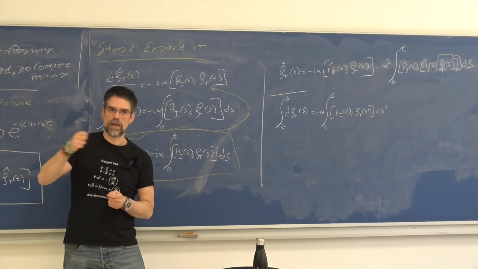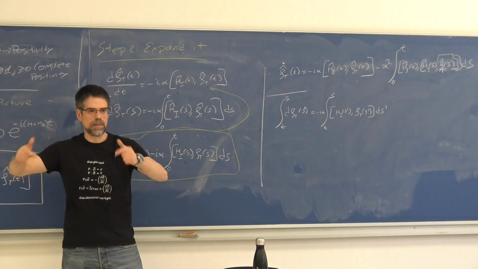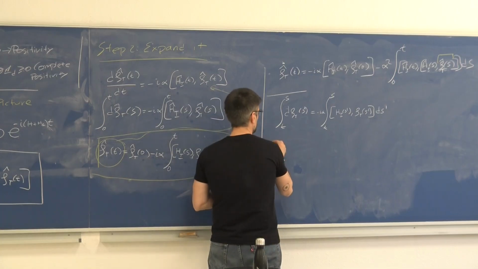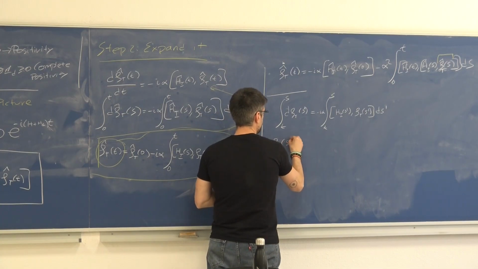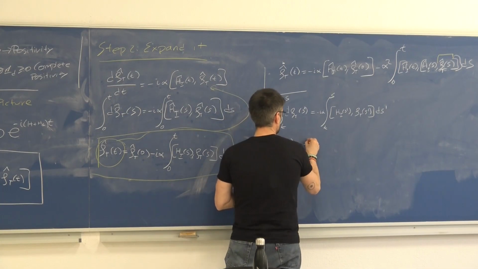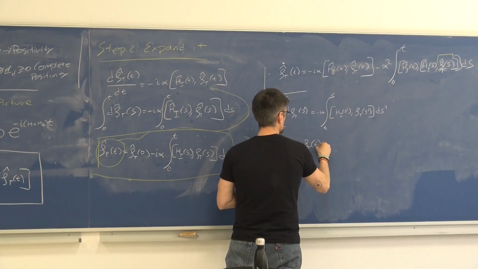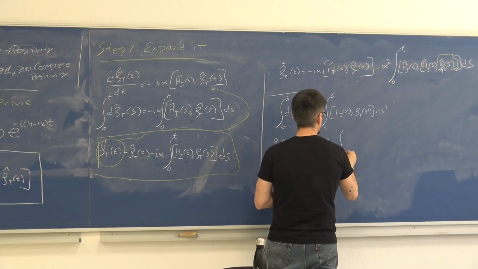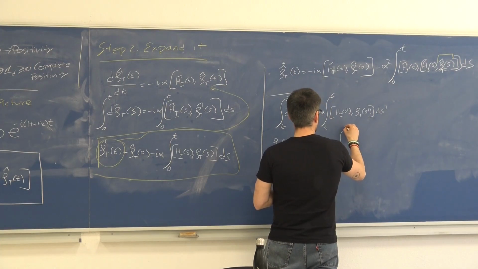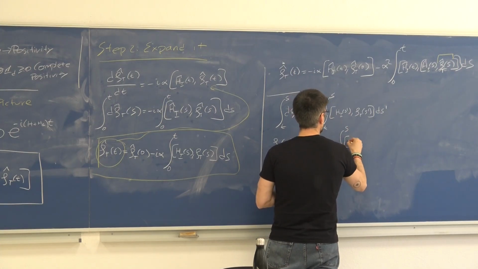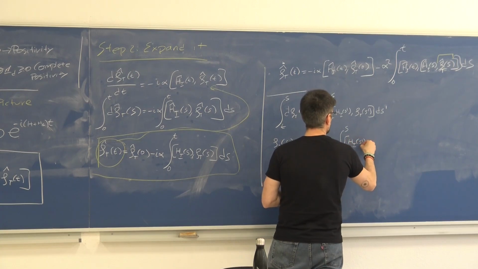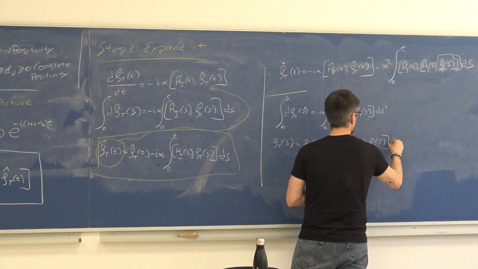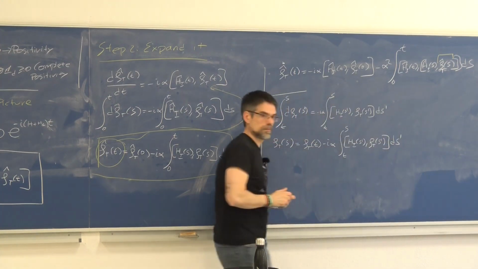So I'm going back in time, but it doesn't matter because I can change it just by adding a minus sign. So I get that rho t of s will be equal to rho t of t minus i alpha, the integration between t and s of H_I of s prime, rho t of s prime, differential of s prime.